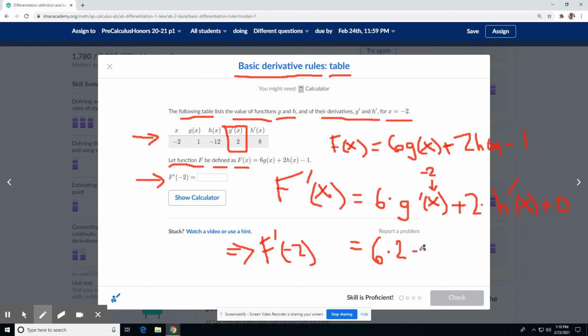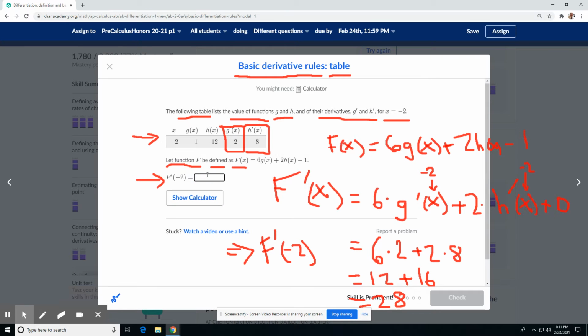And then we have a plus sign, 2 times h prime, and then we're plugging in our -2 again. Plugging in our -2 for h prime is this one here. Output's 8. And then we don't need that plus 0. This turns into 12 plus 16, and I get 28 as my final answer. 28.